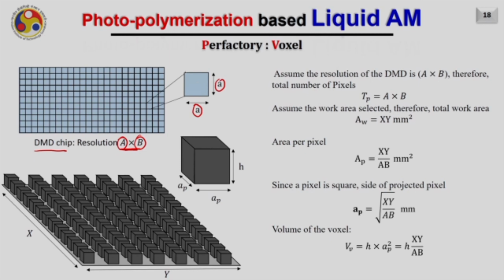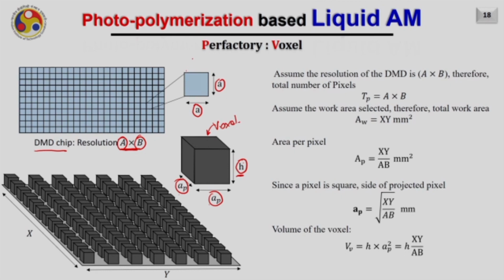As the light is getting projected on the wet photopolymer, on the liquid bed on the top side, the cured part will be a cube, which can be called a voxel. The size of this voxel can be considered as AP on the x-axis and y-axis, and the height of the voxel is h. Of course, the height will depend on the exposure time.